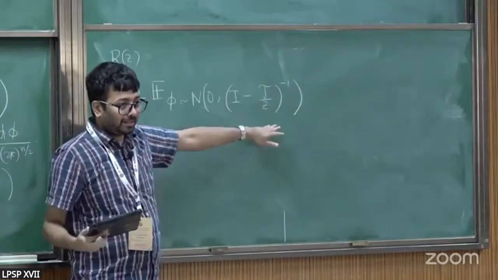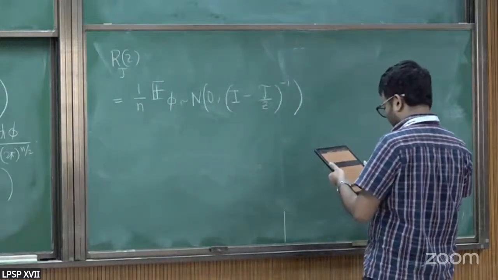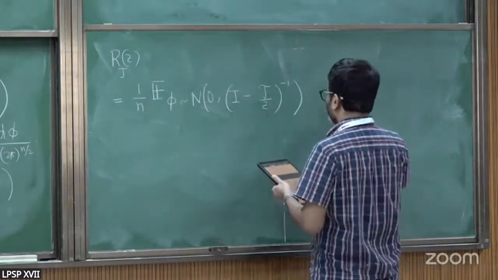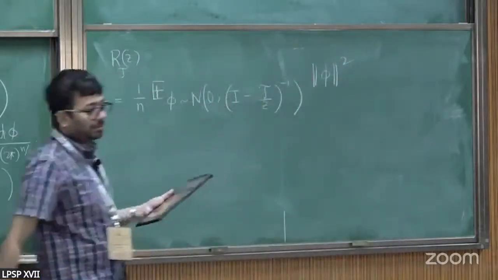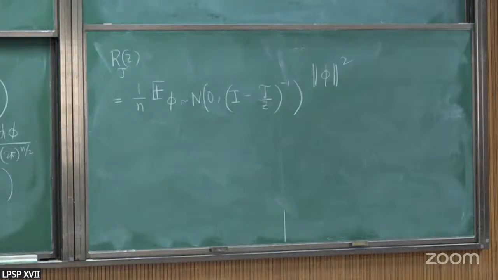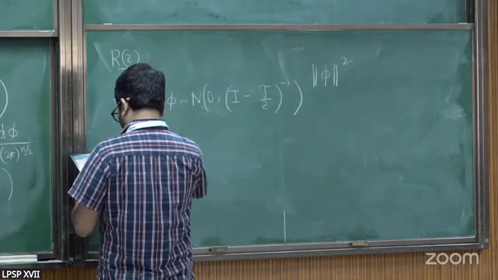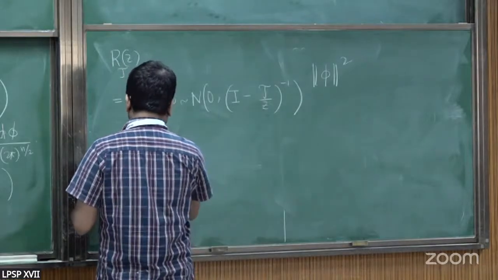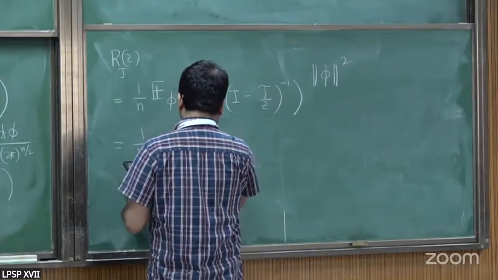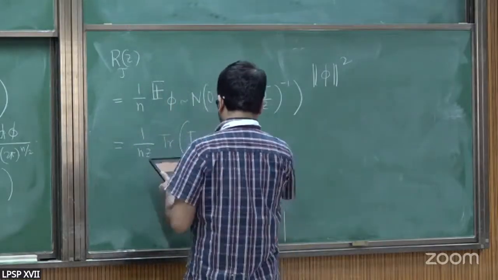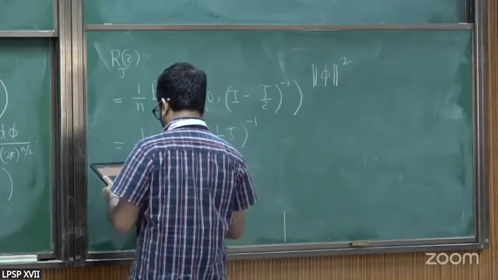If z is real and large, this is a covariance matrix, positive definite. It is the second moment of that Gaussian, right? So this is precisely 1 over nz trace of I minus 1 over z tau inverse, which is the resolvent.